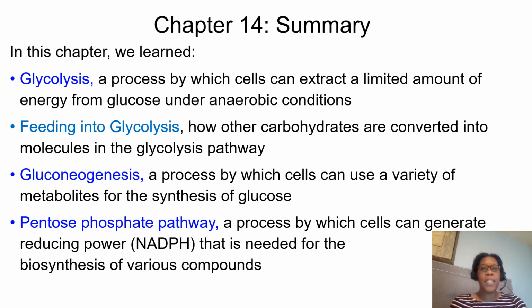And lastly, very briefly, you should understand some of the important aspects of the pentose phosphate pathway, which is the process by which cells can generate reducing power. They generate NADPH that is needed for the biosynthesis of various compounds. And we generate ribose 5-phosphate, so we can incorporate that into our DNA and our RNA.